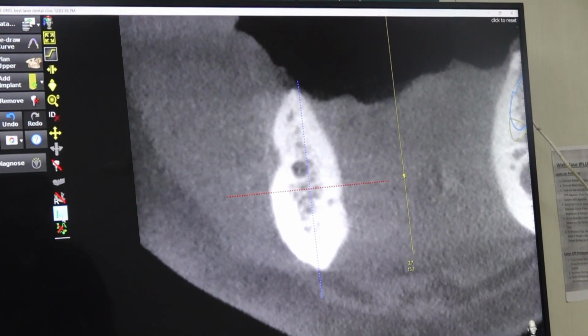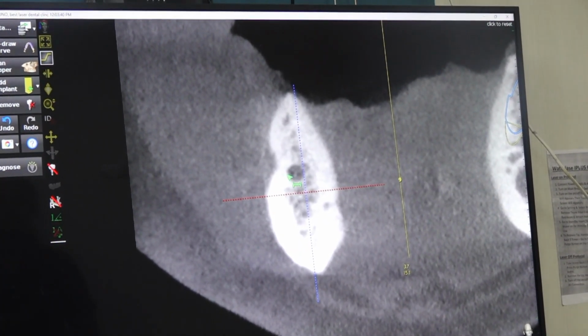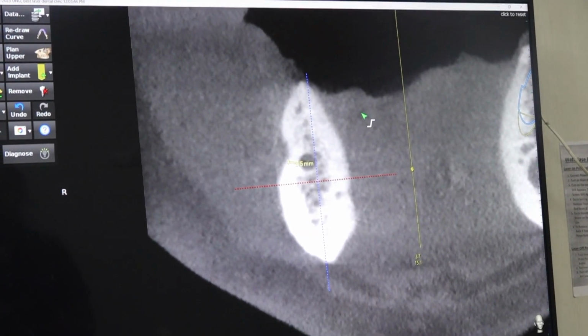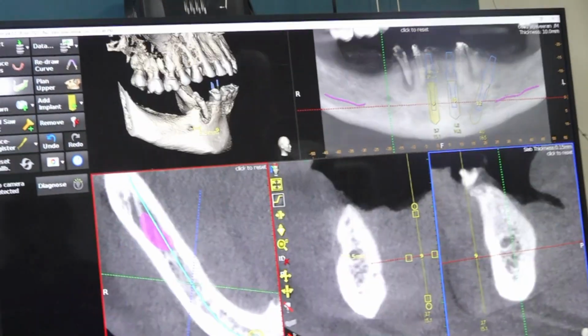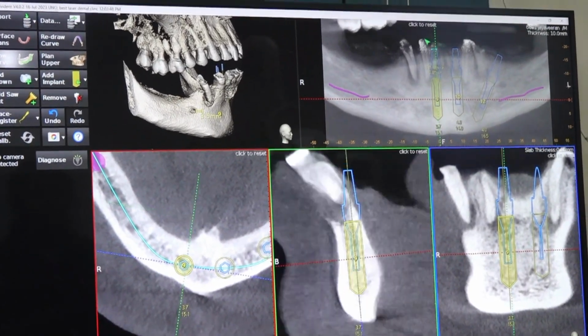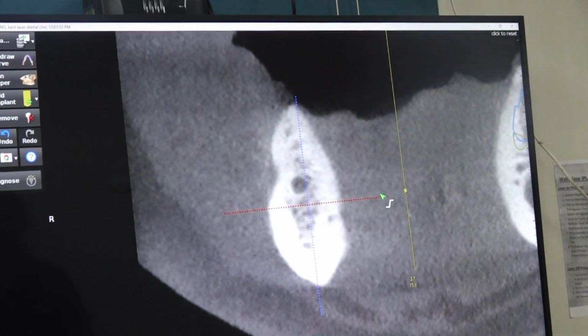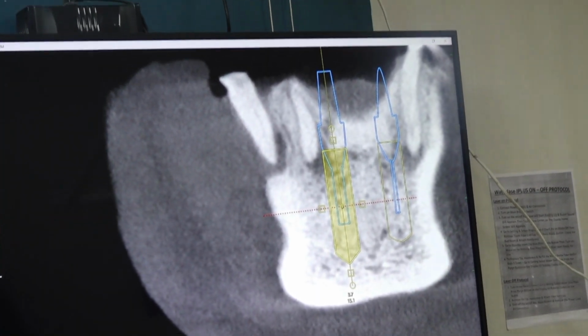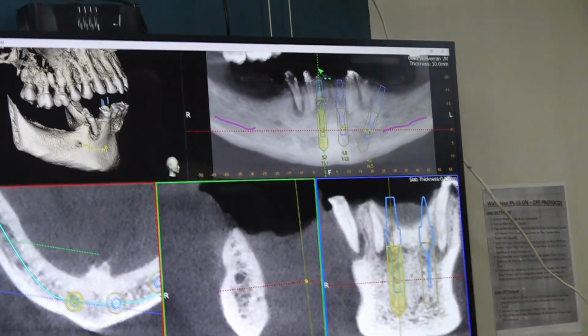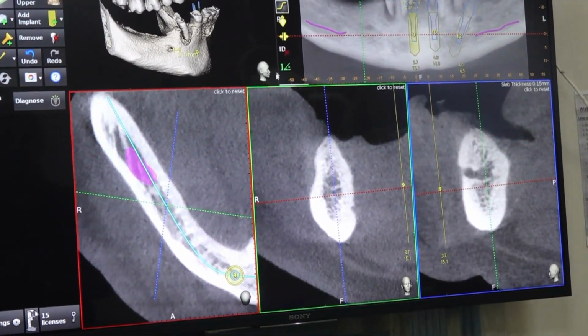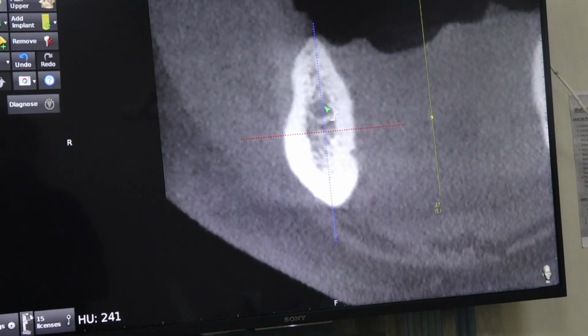This bone is almost 1.5 mm, right? Still more distally, we will go and check. This is about 3 mm behind the mental foramen.